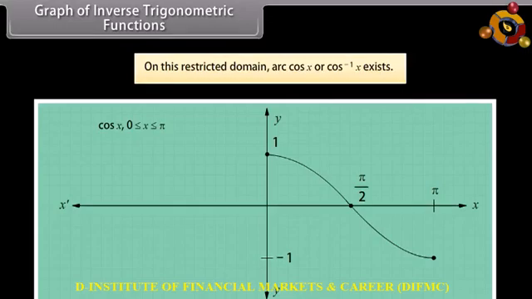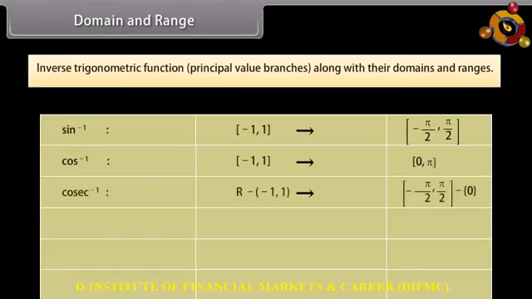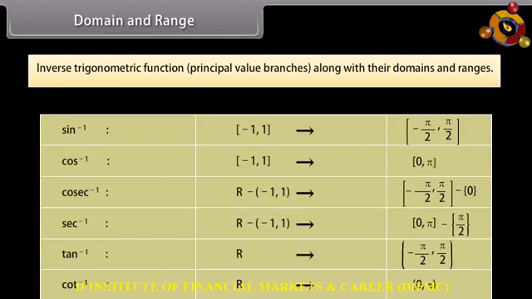On this restricted domain, arc cos x or cos inverse x exists. Domain and range. Look at this table now. It gives the inverse trigonometric function principal value branches along with their domains and ranges.